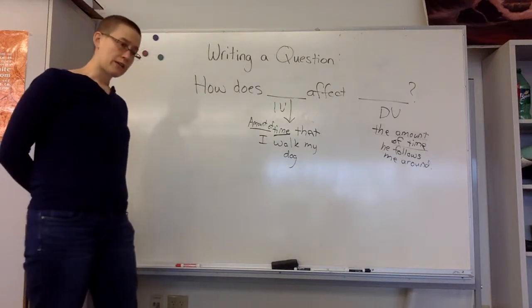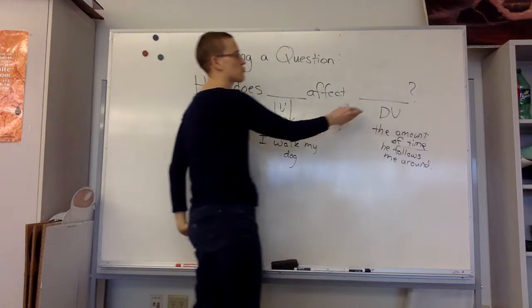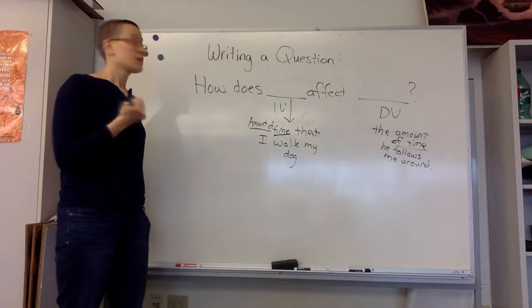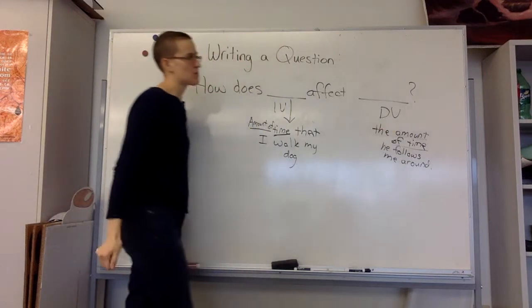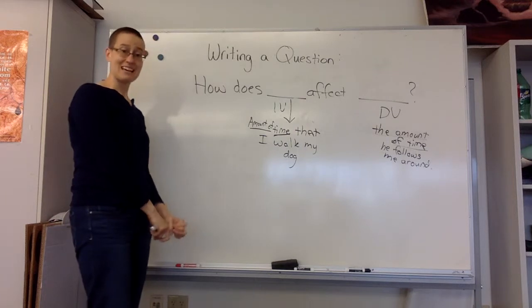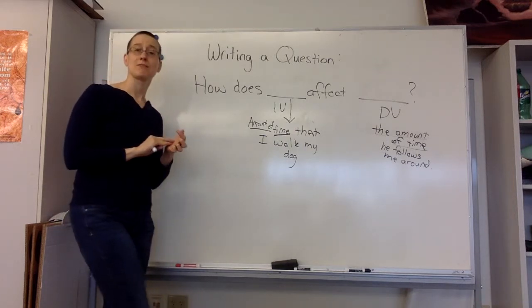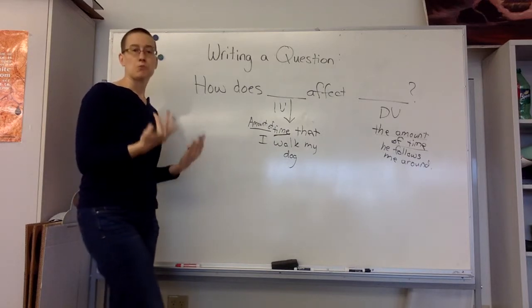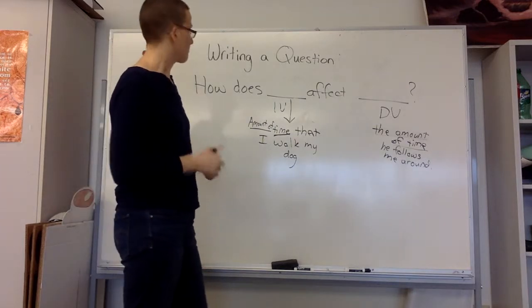So be careful when you're designing your question that both of your variables are measurable, meaning that you could find a way to measure whatever you're looking at here. Sometimes measuring can take the form of making a scale. Sometimes it can be a measurement you could read off a clock or off of a balance or a ruler, but think about that. Make sure you're keeping it measurable.